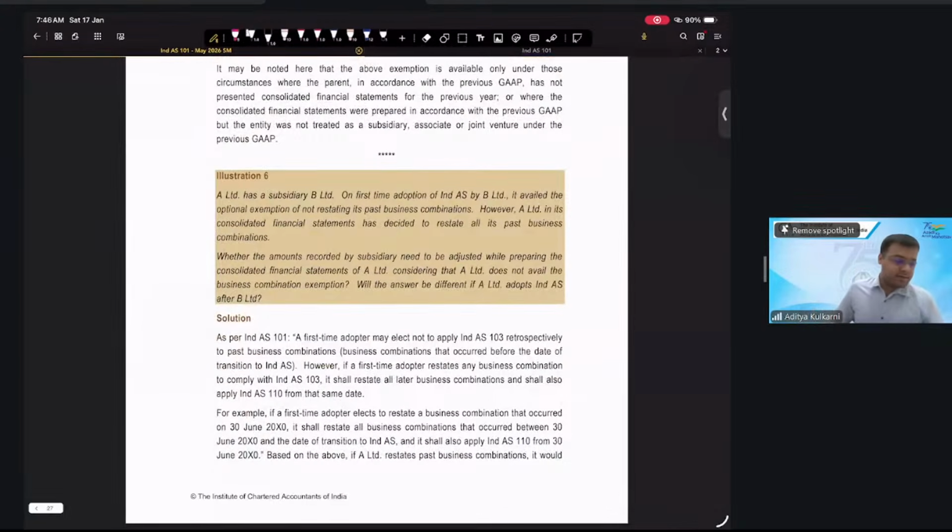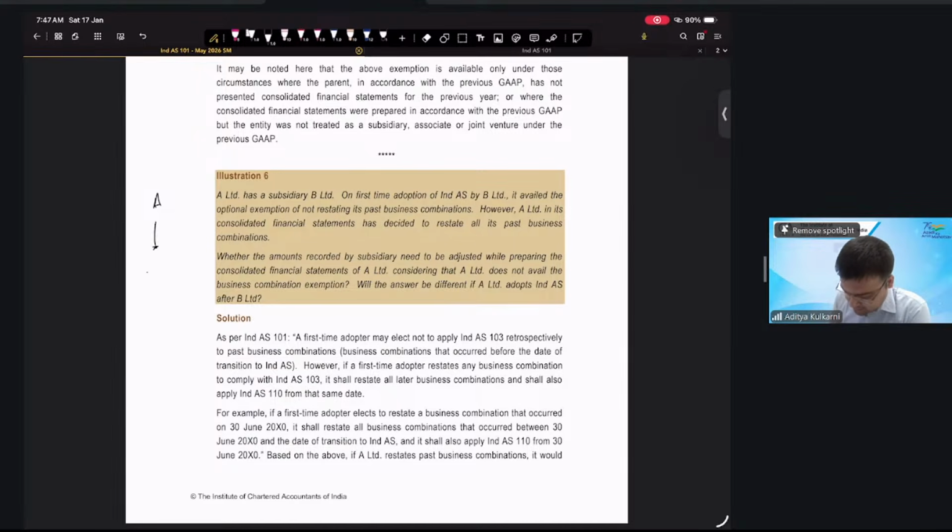Read illustration 6. Okay. What is it saying?